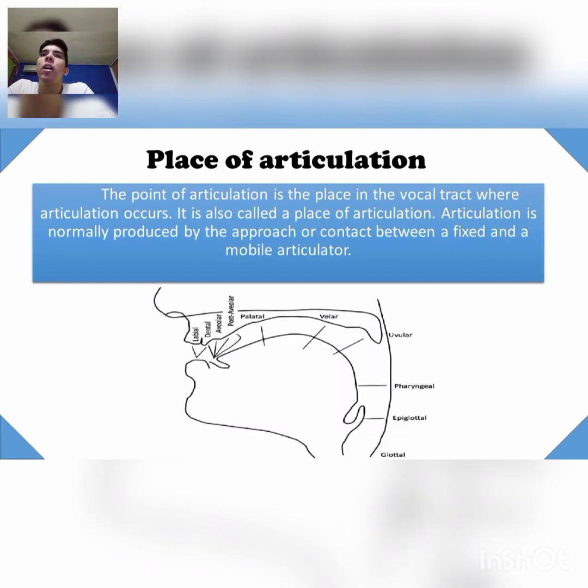Place of articulation. The point of articulation is the place in the vocal tract where articulation occurs. It is also called the place of articulation. Articulation is normally produced by the approach or contact between an active and a passive articulator. Articulation is the process by which the sound, which has been generated in the vocal cords, is modified by the movements of the articulating organs, after the resonance of the sound in the supraglottic cavities, the oral cavity and the nasal cavity, that is, once the sound has passed through the vocal cords.